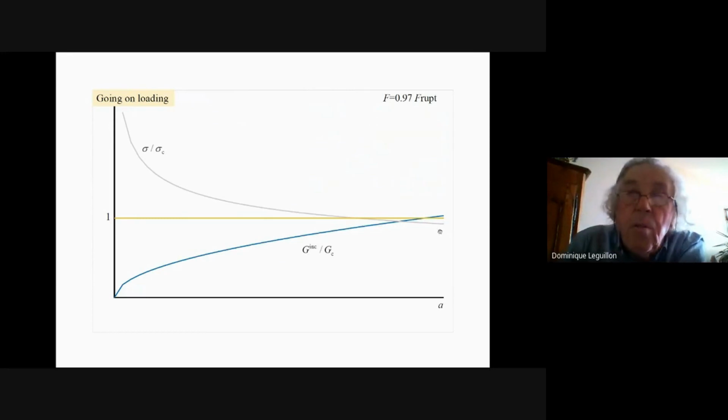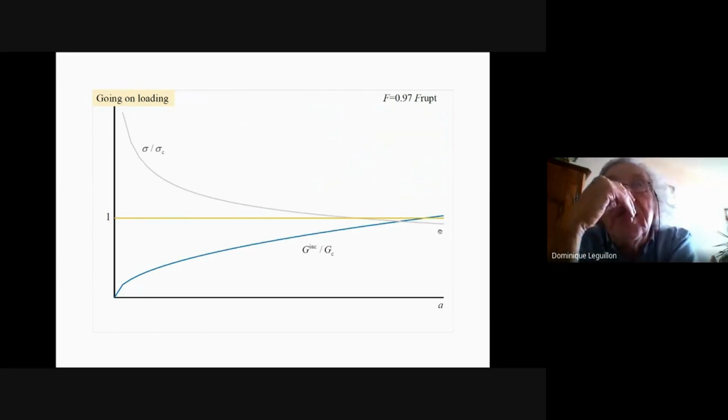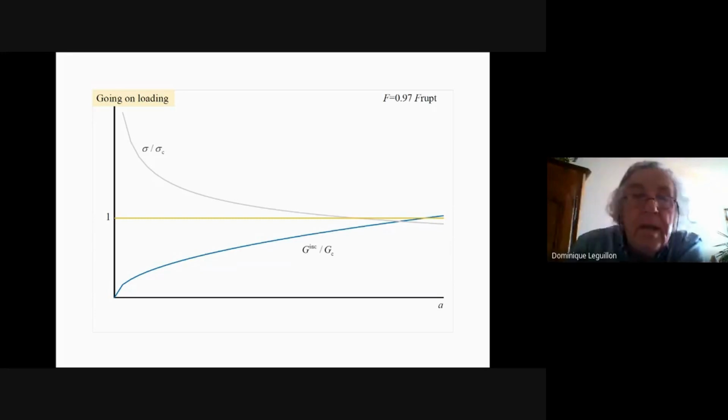This was, if you remember the beginning of the lecture, one of the drawbacks obtained when using only an energy condition. Is that okay? If you use the energy condition, you can get one length, but as soon as you get this length, all the other lengths here are admissible lengths for failure, okay?